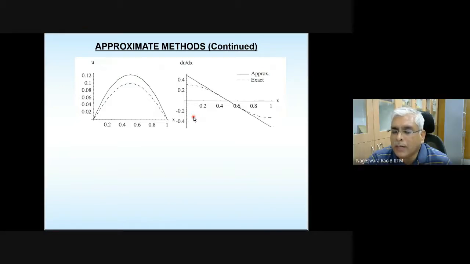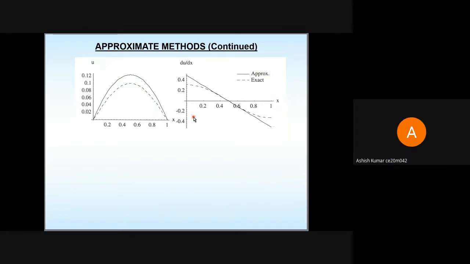You are taking the partial derivative of the error function with respect to the unknown parameter, both in the boundary residual as well as in the domain residual, with respect to the same unknown parameter. So sir, there can be a chance that one residual can become 0 for a particular constant. Yes.